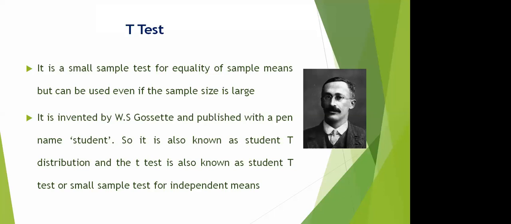If the sample size was more than 30 we used the Z test, and for small samples, less than 30, we used the t-test. But later that concept of Z changed, and now we follow the t-test only, for both large and small sample data.